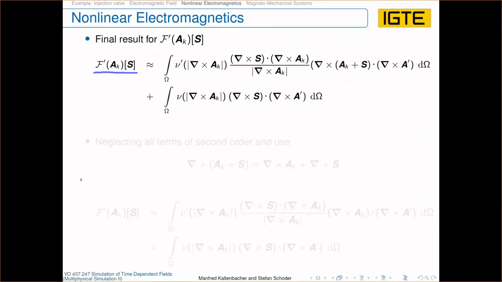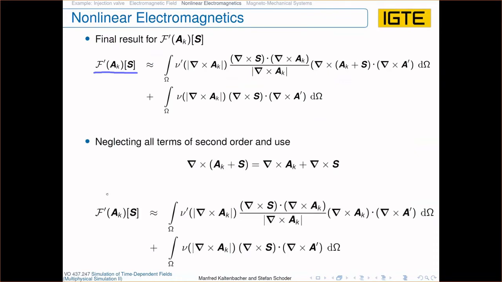Okay, so neglecting all terms of second order and using this relation, which I have just told you, we come up to the following approximation of our Frechet derivative. We have to evaluate the material parameter at the curl of AK, which is the previous solution, and we have all these long terms here and this second term.